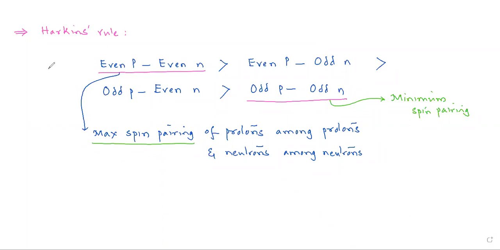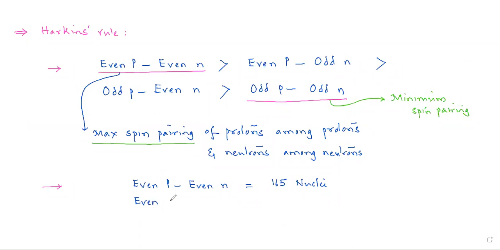Now coming to the number of such nuclei possessing even protons and even neutrons, there are about 165 nuclei possessing even protons and even neutrons. Of course, they are the most stable, so you find a large number of such nuclei in nature.